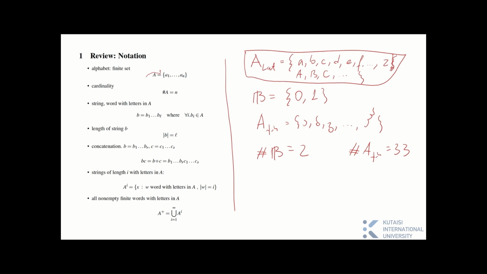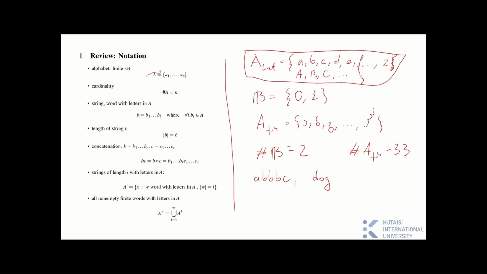So for example, A, B, B, B, C will be a word in the Latin alphabet. Also, what humans mean by word, like D-O-G, a dog, will also be a word. Any combination of those letters will constitute a word.